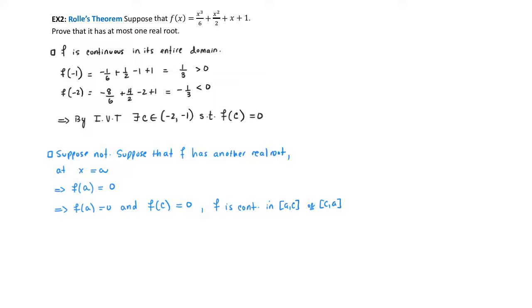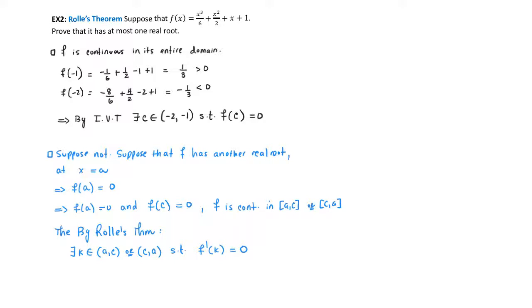And if f is continuous and we have that f of a is equal to 0 and f of c is equal to 0, then by Rolle's theorem, we know that there exists some other number k in the open interval AC or the open interval CA such that f prime of k is equal to 0.